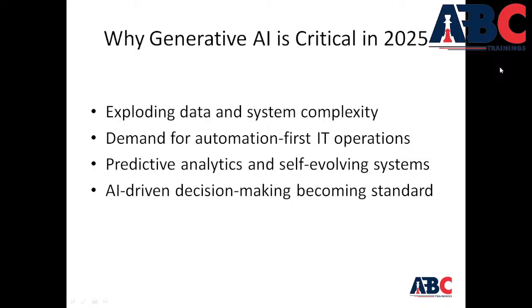Its ability to generate high quality content, automate tasks, and provide contextual insights allows enterprises to maintain agility in a marketplace defined by constant change. As customer expectations rise, generative AI delivers personalized experiences that would be impossible to achieve manually.